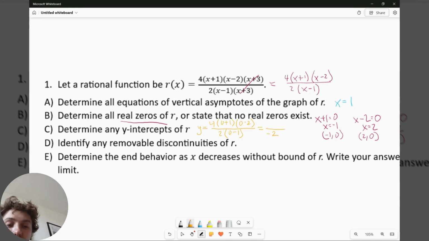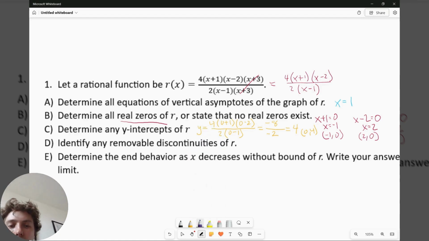On top, you'd have 4 times 1 times -2, which would give us -8. Simplify that, and I believe you get 4. With that being said, make sure you write that as a coordinate as well. We knew that the x value was 0, and the y value we found is 4, so (0, 4) is the y-intercept.